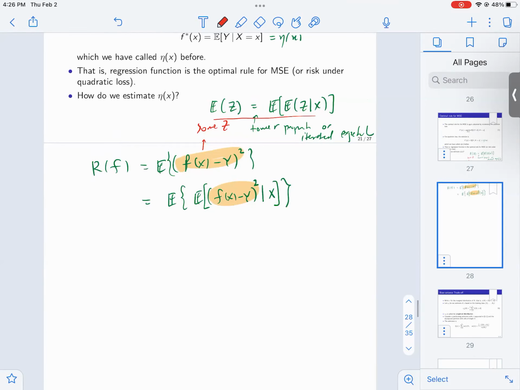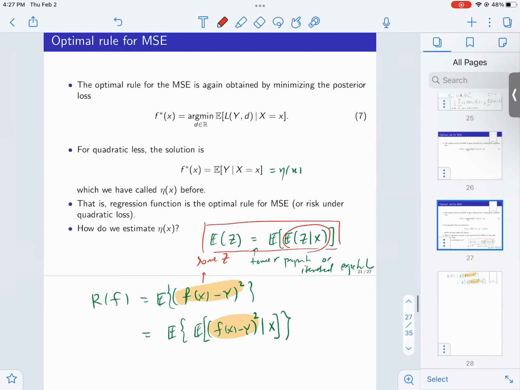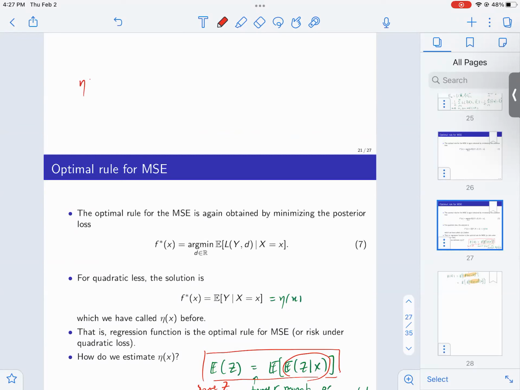So this is a very important property of conditional expectation. When you have the expectation of z given x, this would be a function of x. This is like the regression function for estimating z given x. And the expectation of that would be the expectation of z itself. In the previous notation, remember eta of x was the expectation of y given x.